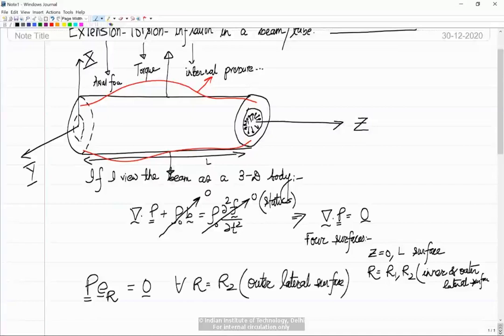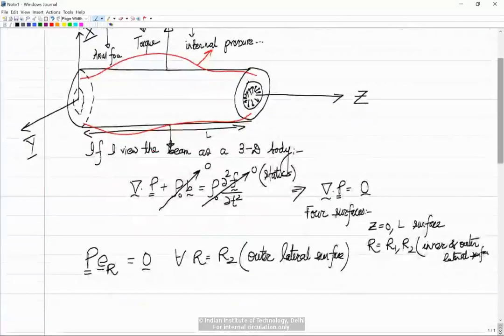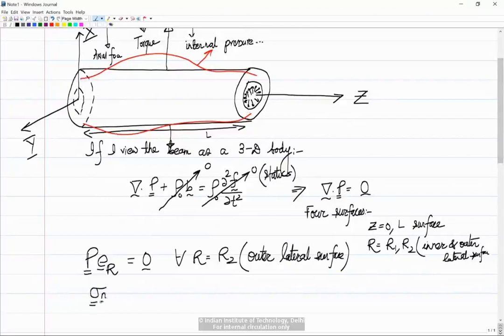What about the inner surface? So what we're applying is a pressure, and pressure, as you all know, is the Eulerian thing. So pressure fixes the Cauchy traction component, which in this case is actually sigma into n, where small n is the deformed normal.